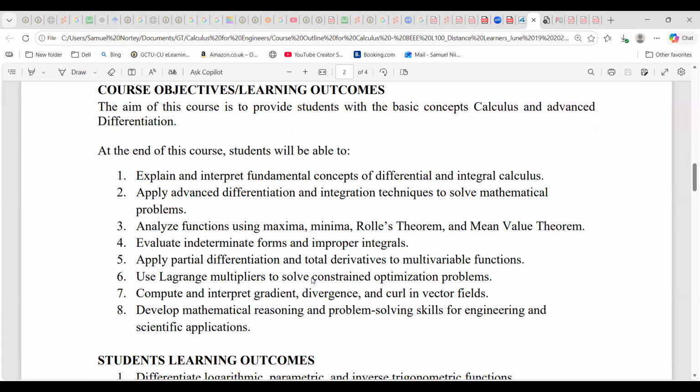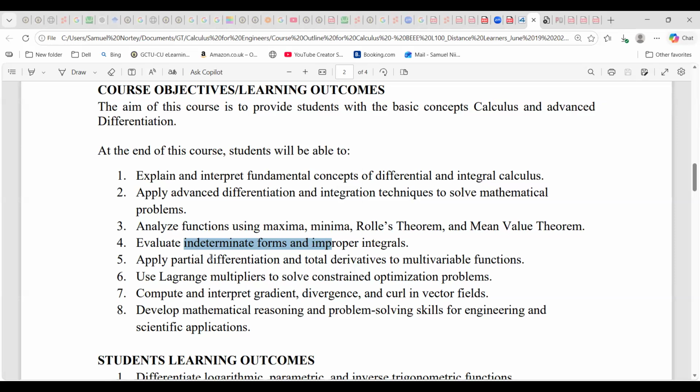Last semester, we looked at how to evaluate indeterminate forms of integrals or indeterminate forms of differentials. We will look more into that again in calculus.